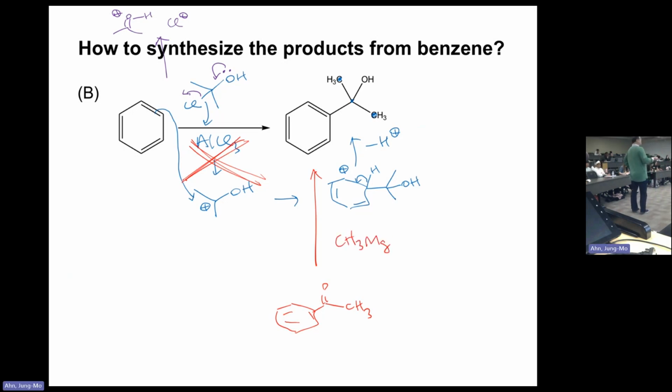Yep, that's a Grignard reagent. Grignard attacks the carbonyl of the ketone and makes an alcohol. So that means you only need to make this one, a benzene ketone. And the benzene ketone can be made from the Friedel-Crafts acylation reaction. So you add this acyl chain: acetyl chloride with aluminum chloride puts the acyl group there, then you just have to attack with the Grignard.